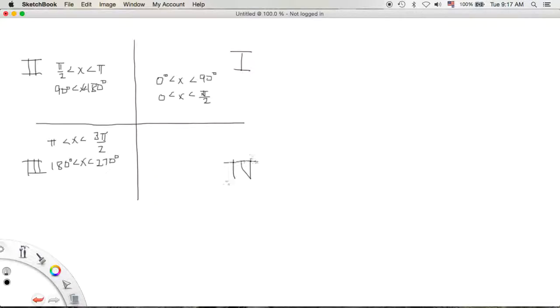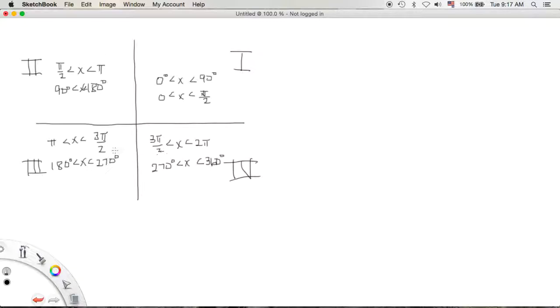And then in the fourth quadrant, we would have from 3 pi over 2 to 2 pi, or from 270 degrees to 360 degrees.